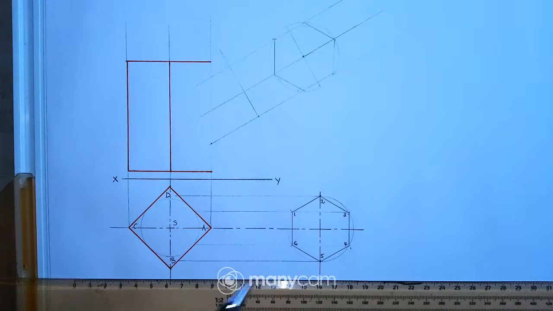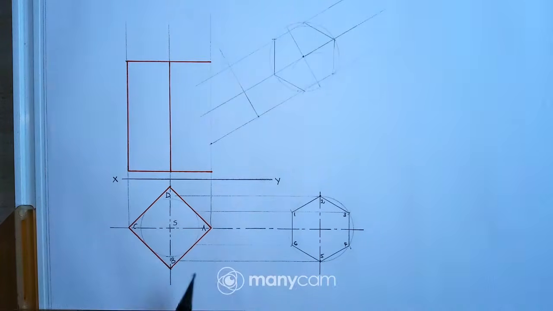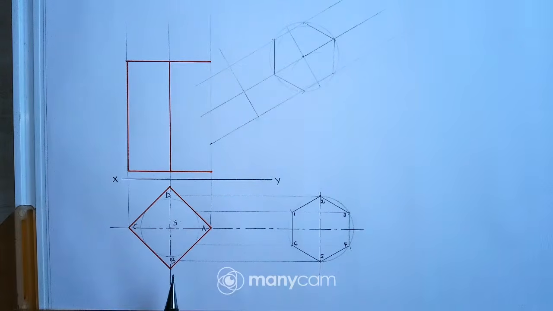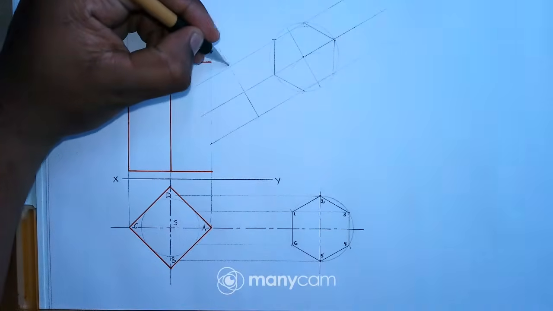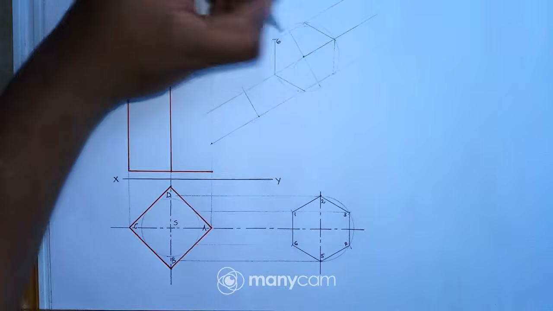Okay, let's see, because this is the top, right? For the front view, that means we are looking at the top view from this direction, right? So if you check the numbers, I'll see 6 and 1, right? But I'll see this number first, so that means that point is right there at the top on this line, right? So I can say this is point 6, this is 1, right?